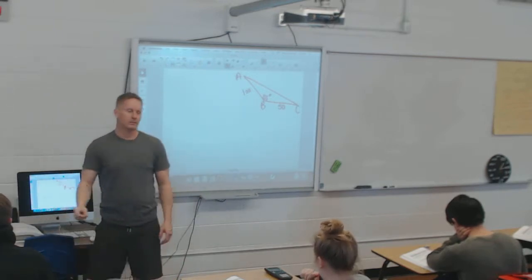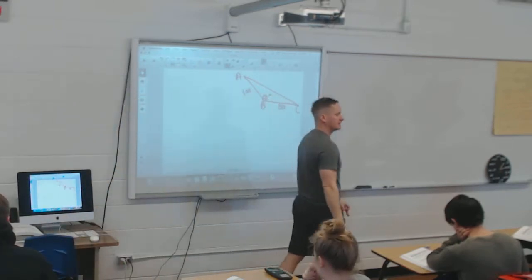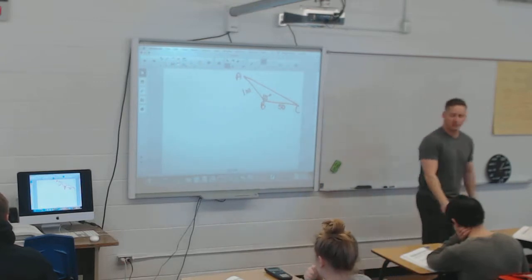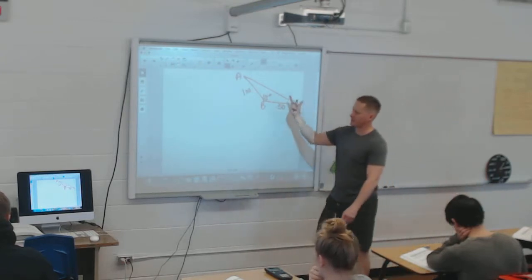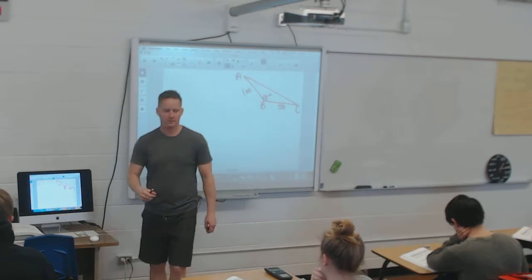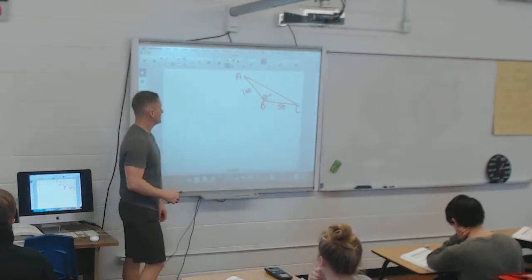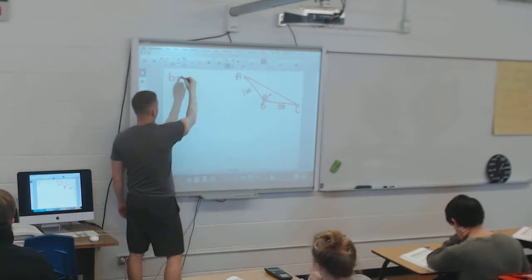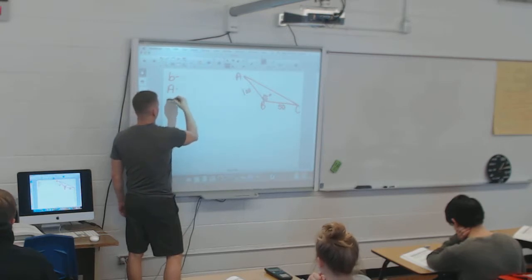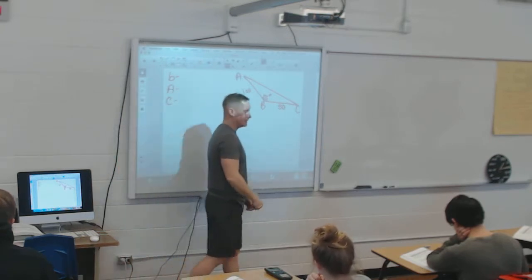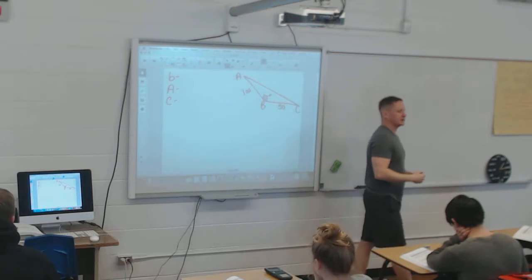Let's find all the missing sides and angles that I have here. So what am I looking for? What am I missing? Side B, angle A and angle C.